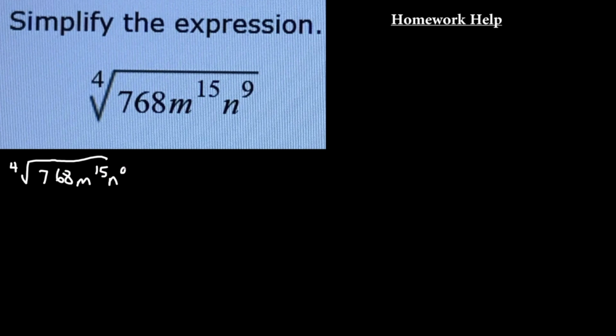So let's deal with the numbers first, because this is essentially the 4th root of 768, and we'll figure out the other parts in a moment: m to the 15 and n to the 9.